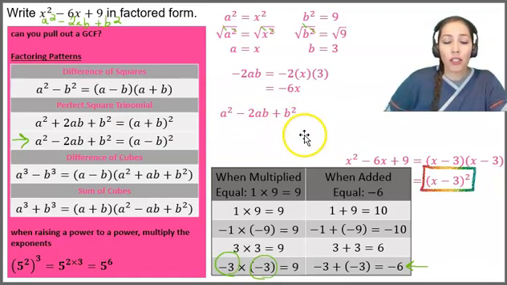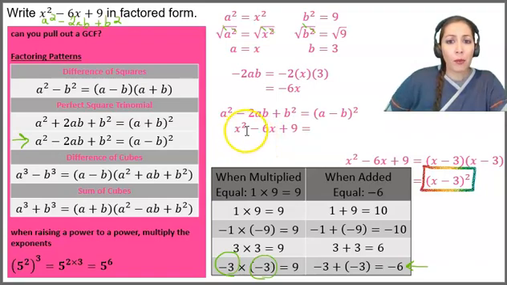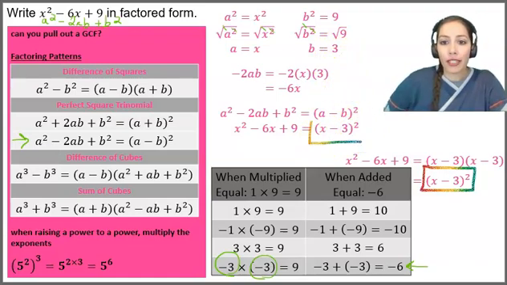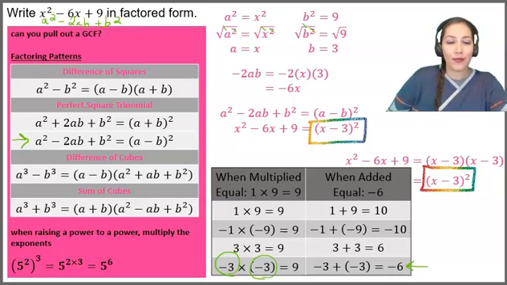So I have a squared minus 2ab plus b squared does equal the quantity of a minus b squared. So when I am writing mine in, my problem was x squared minus 6x plus 9. Now I just have to take my a minus my b squared. A was x minus my b, which is 3, quantity squared. So you can see there were two different techniques I used to solve this problem.